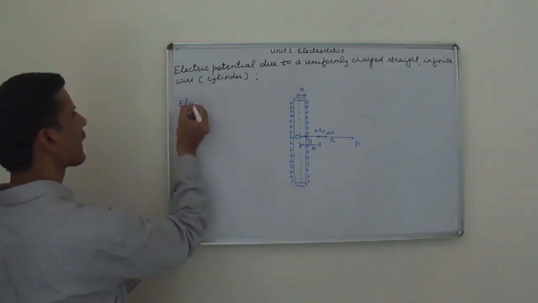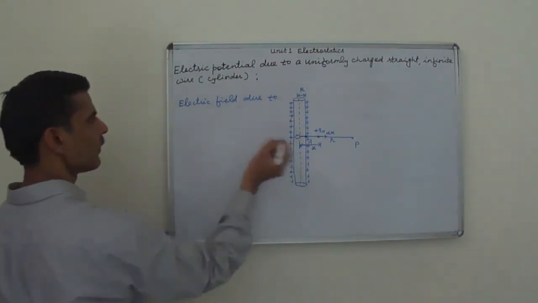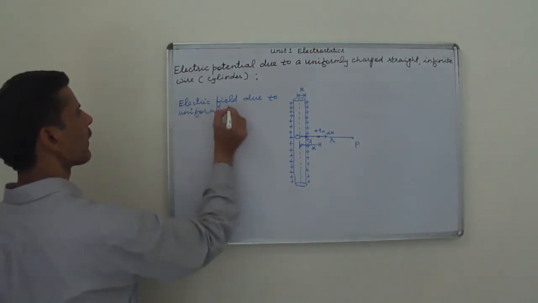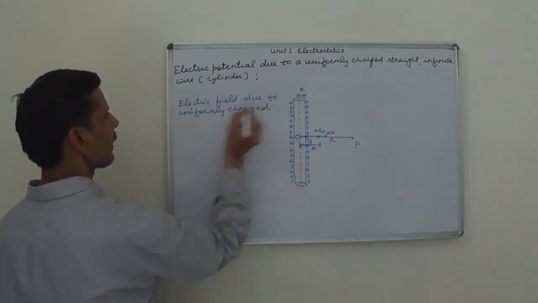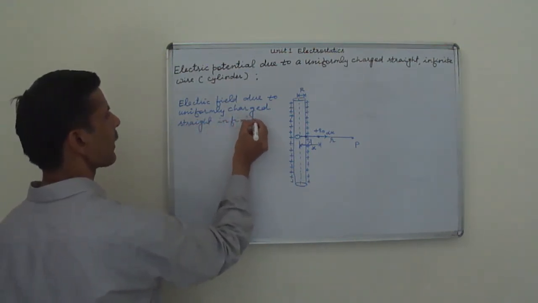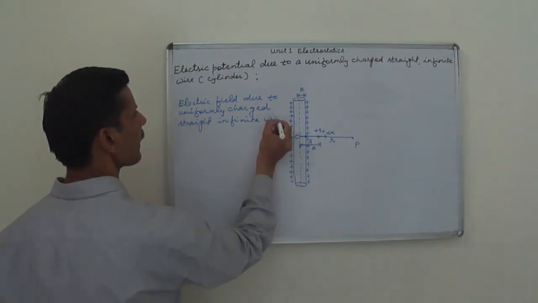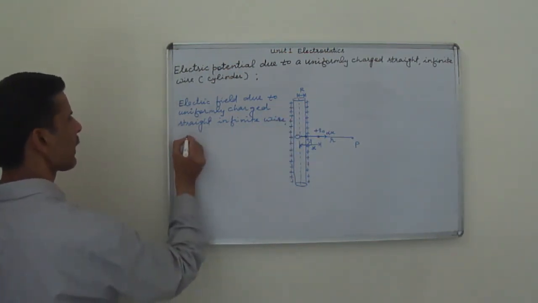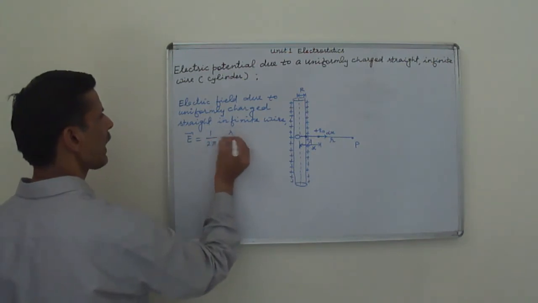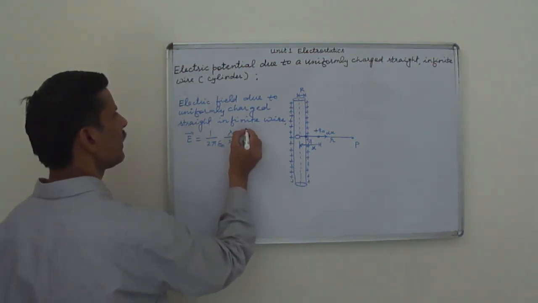You know electric field due to a uniformly charged straight infinite wire, E is equal to 1 upon 2 pi epsilon naught lambda upon x into x cap.